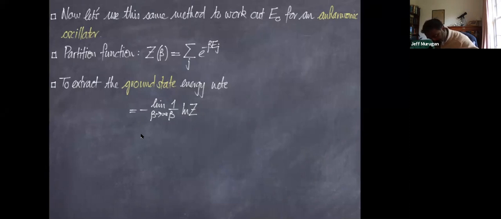And so if I add a minus sign to that, then I get precisely the ground state energy. So to extract the ground state energy from the partition function, you take the logarithm of the partition function, divide it by the inverse temperature, and take the limit as the inverse temperature goes to infinity, or equivalently as the temperature of the system goes to 0.